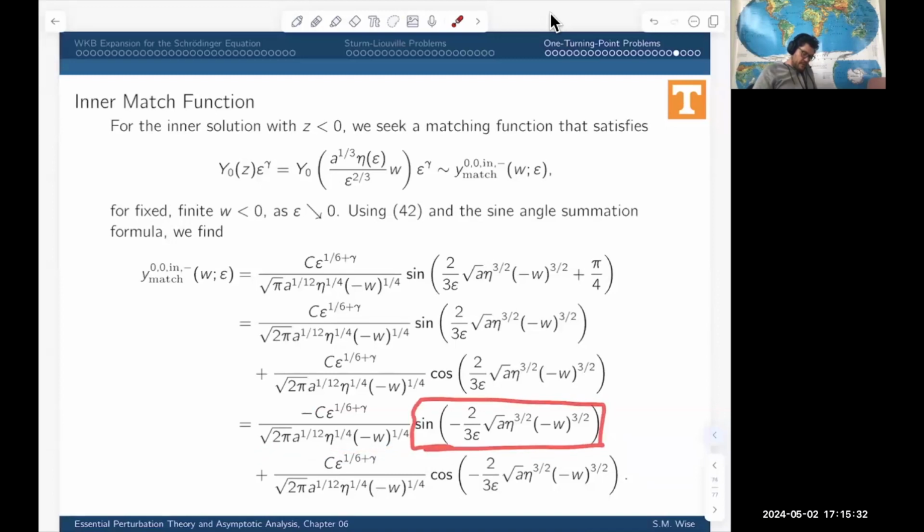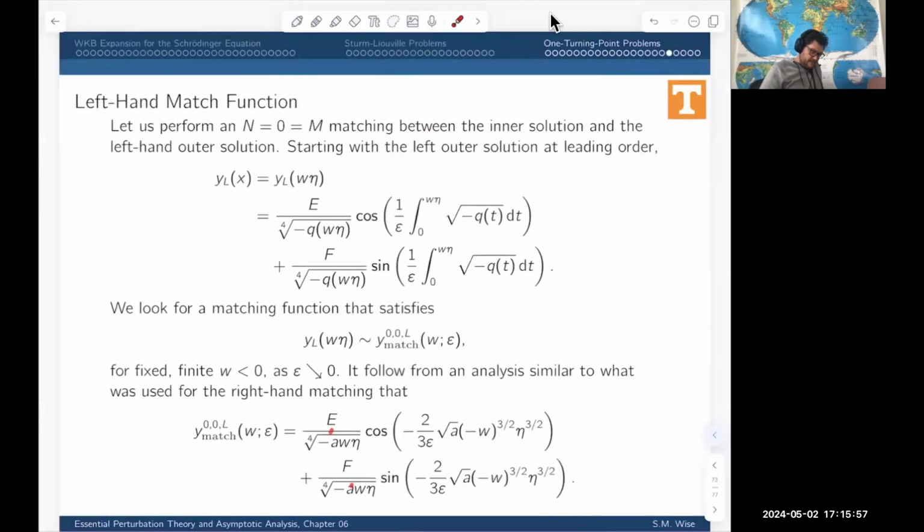I don't have to do anything to those, which is good because there are no free parameters left over there. So if I had to do matching, I'd be out of luck. Gamma is equal to minus 1/6, so that goes. And so now I merely have to connect this guy here, the C, with this E and the F.